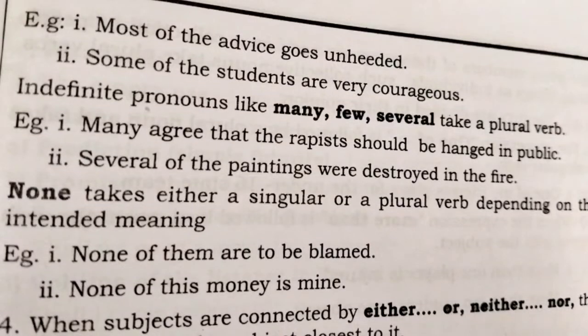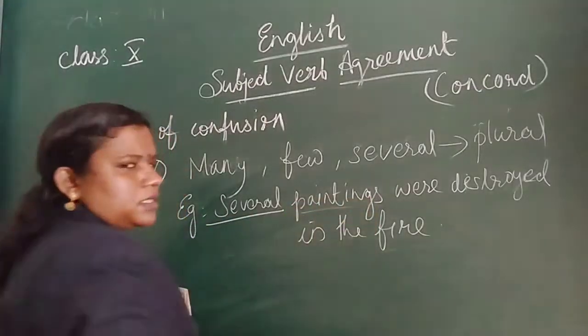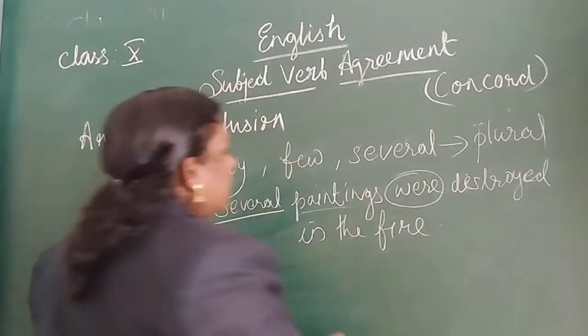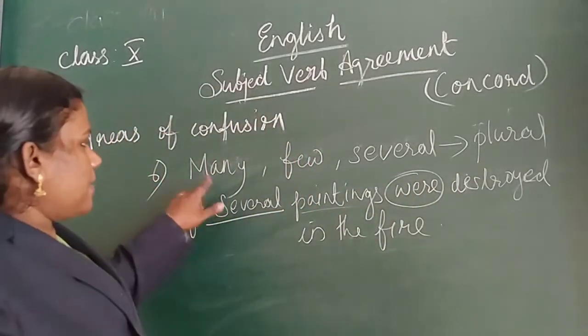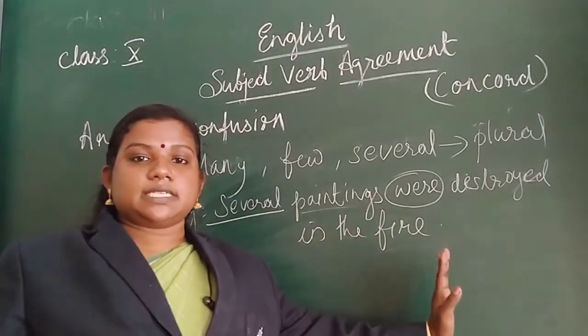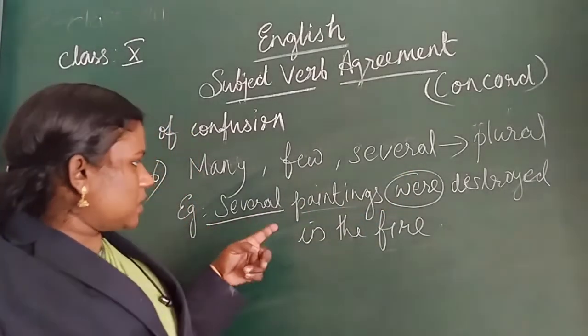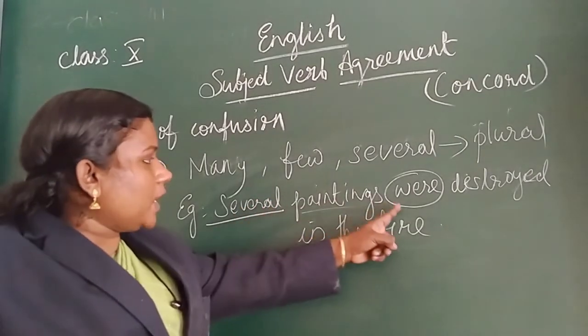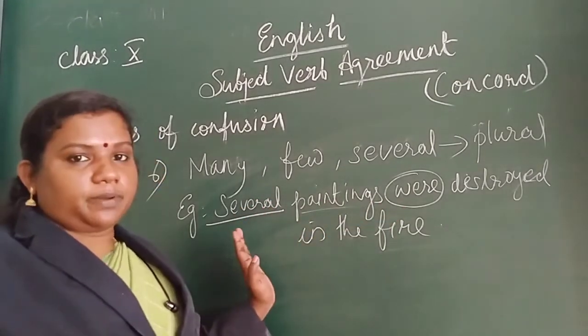Here, several is telling about these paintings. Several paintings were destroyed. So these indefinite pronouns, many, few, several, are plural. If these indefinite pronouns are coming, we should use a plural verb. Clear, students?